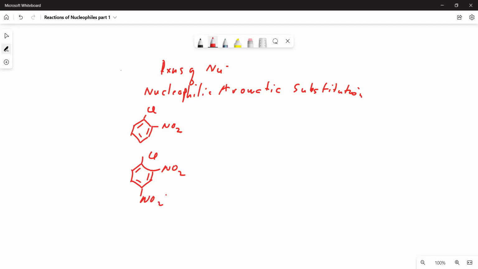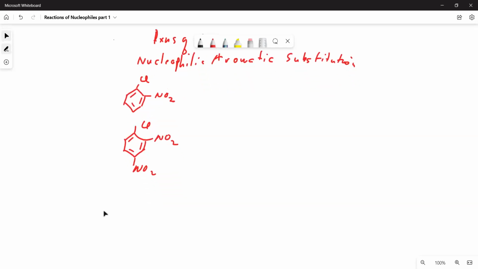Okay, or you have three electron withdrawing groups. Okay, you have two at the ortho positions and one at the para position.